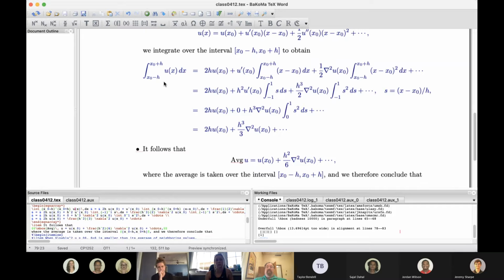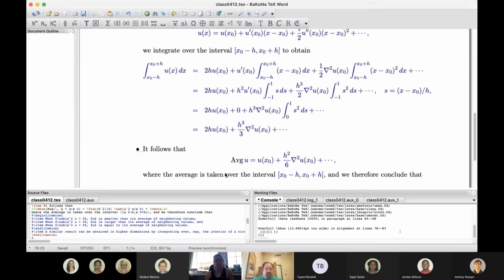Because remember, the average value of a function on an interval a b, you integrate it from a to b, and then you divide by the length of the interval, b minus a. The length of the interval in this case is 2h. So on the left side, I just wind up with the average of u on an interval. And then u of x naught plus h squared over 6 times the Laplacian.